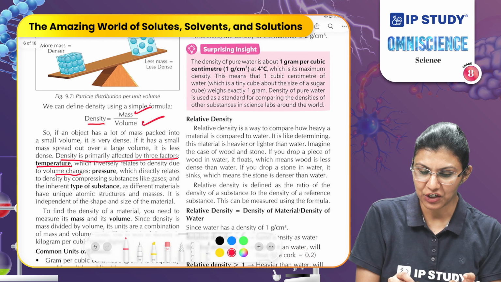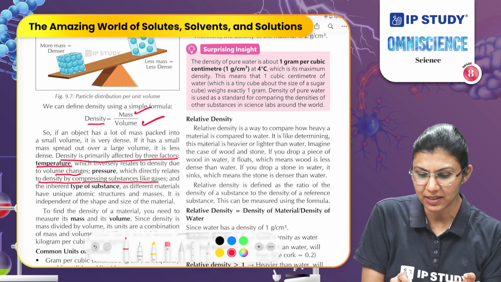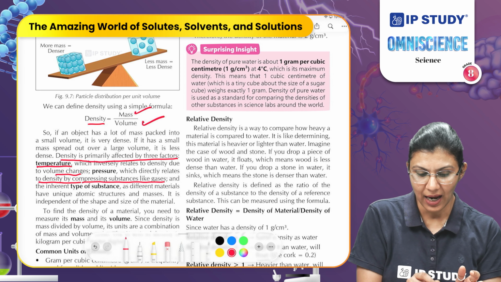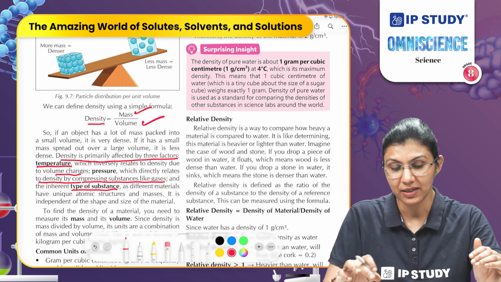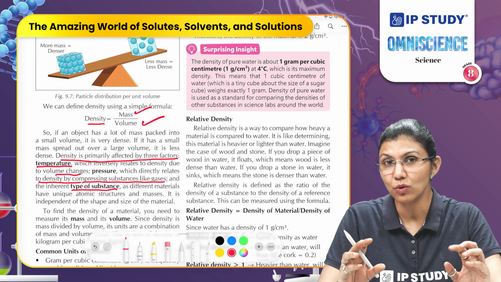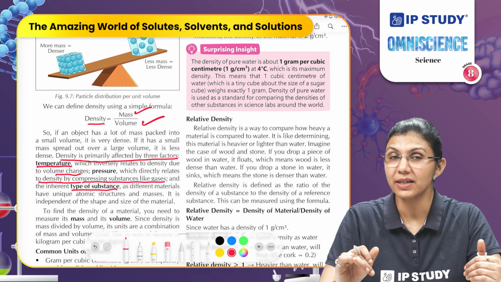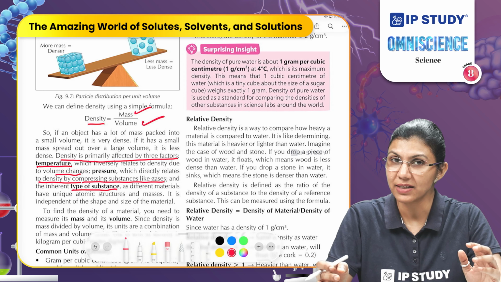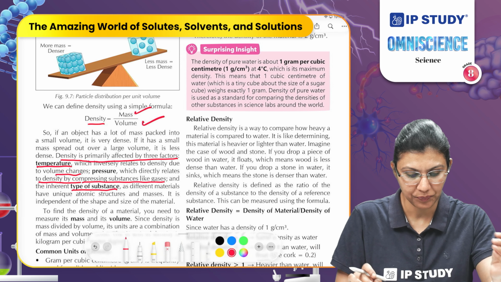Also, the pressure, which is directly related to the density by compressing substances like gases, and the inherent type of substance. Taking the examples of iron and sponge again, these are two different materials. So the iron brick is sinking because it is more dense, but at the same time the sponge is less dense and it is floating.